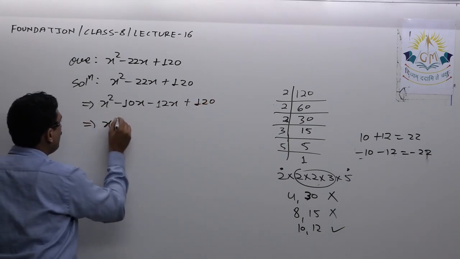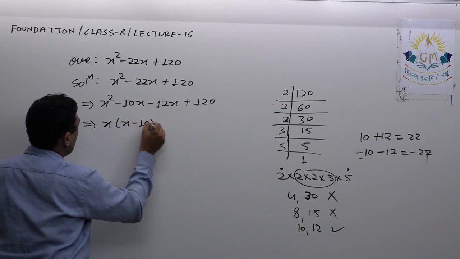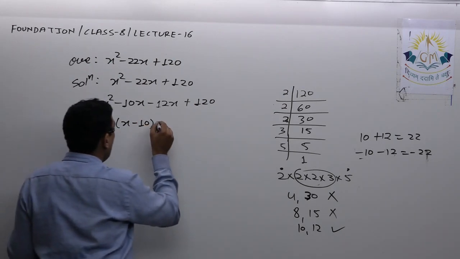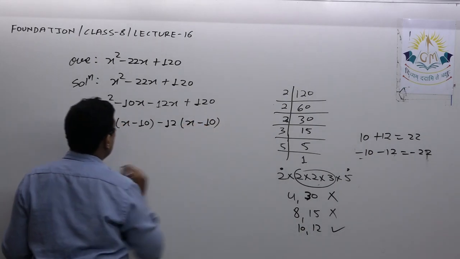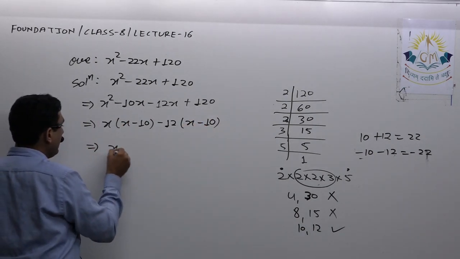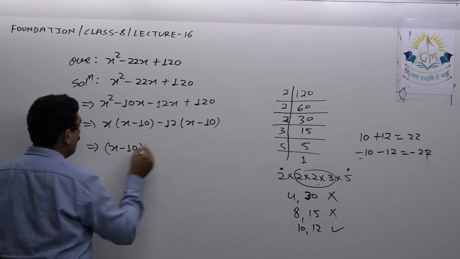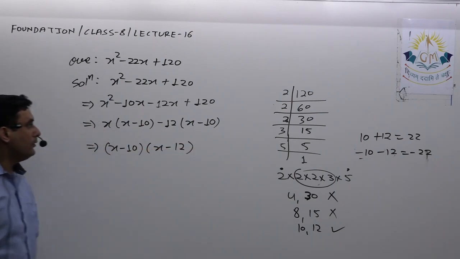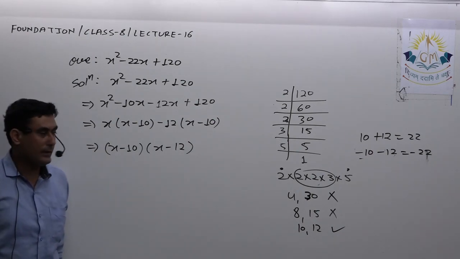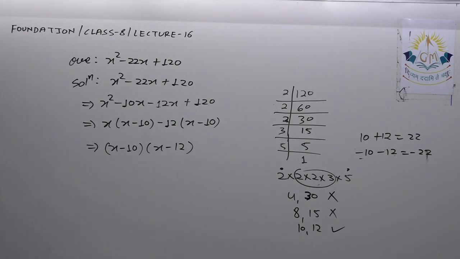Okay, so x is taken common, x minus 10. Over here minus 12 is taken common, x minus 10. Now from these two I can take x minus 10 common, so this gives me x minus 12 over here. So these are the factors of the given expression. So please note it down, then we'll see the next question.